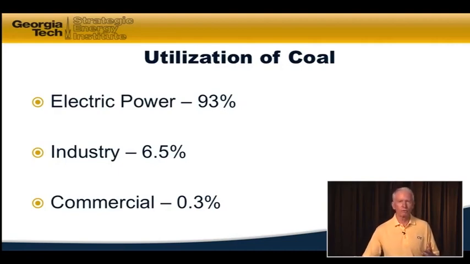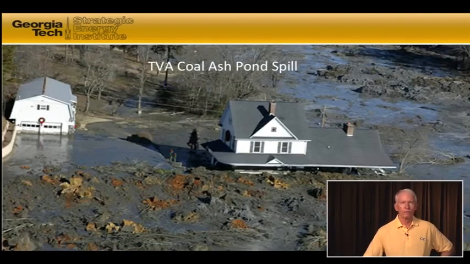It's such a handling problem to get the coal into the basement of the building and put it into a furnace and create the steam that goes around the building to heat it. But those are the primary utilizations, where the coal goes.